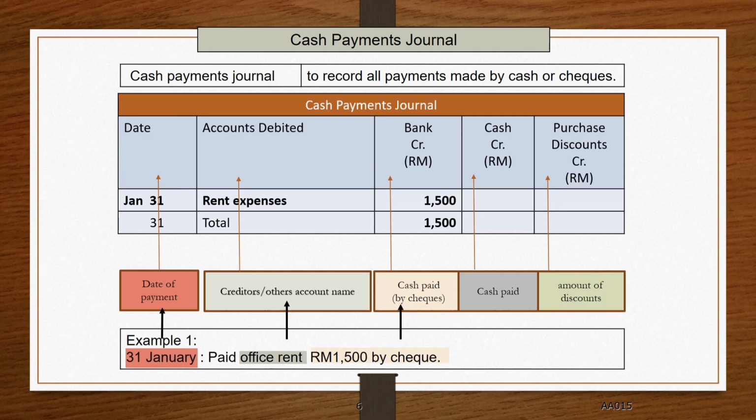Rent expenses represent expenses, so it will increase expenses. And the other one, credit bank, 1,500. So it will reduce the amount of bank because we have paid by check Rm 1,500. So this is the format for cash payment journal.